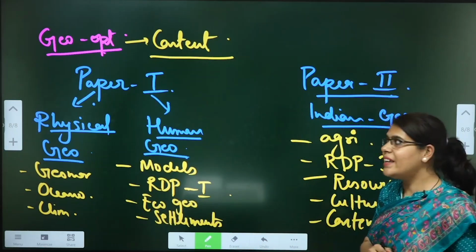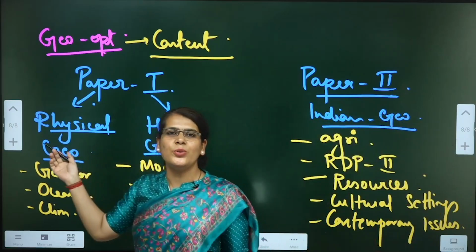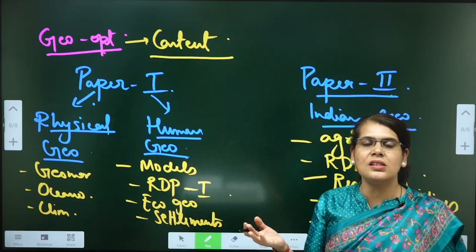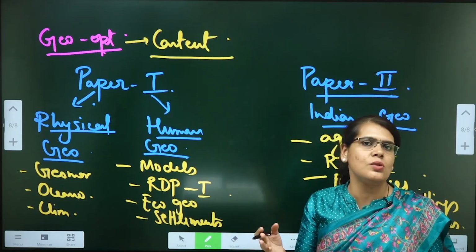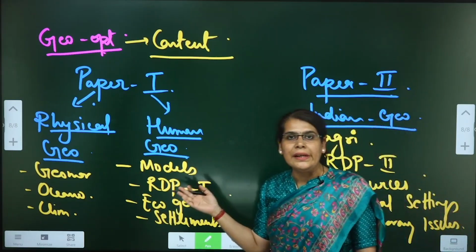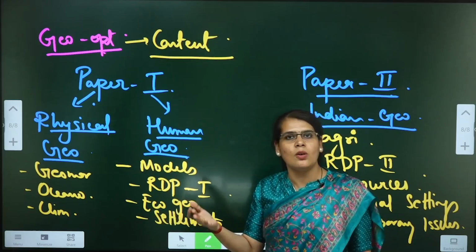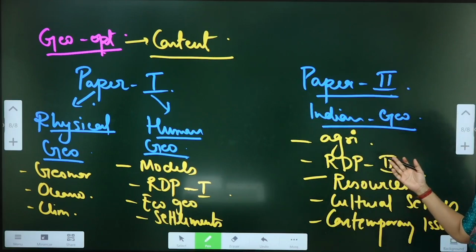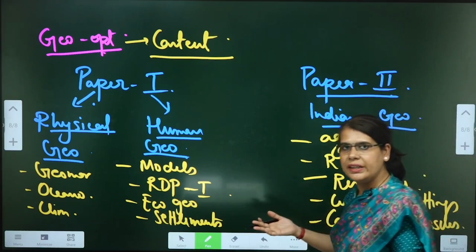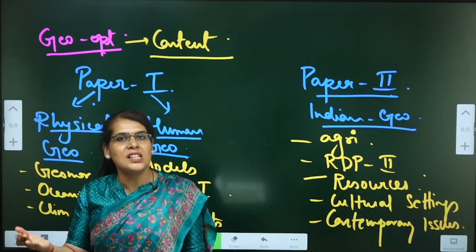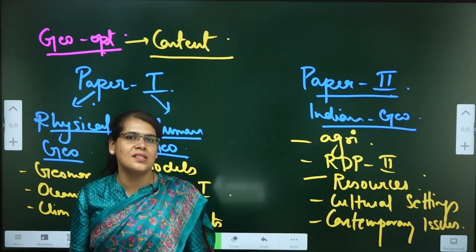Now please understand that paper 1 is further divided into physical geography and human geography. There are some units across physical geography like geomorphology, climatology, oceanography, biogeography, environmental geography, and across human geography like models, perspective, RDP, economic geography, population and settlements. Whereas in Indian geography, it is specifically around agriculture, transportation, political aspects, RDP paper 2, and also around other important issues like cultural settings, settlements, contemporary issues, etc.